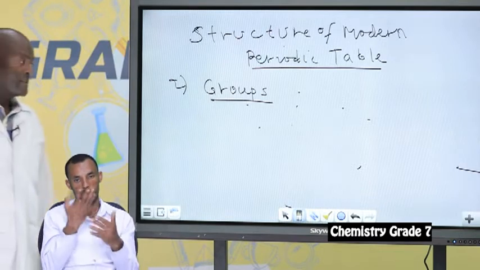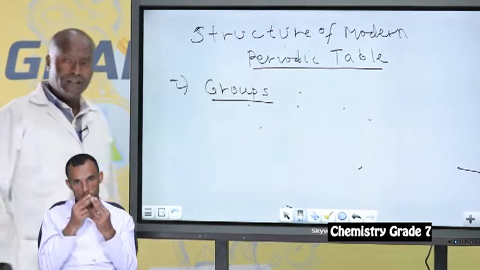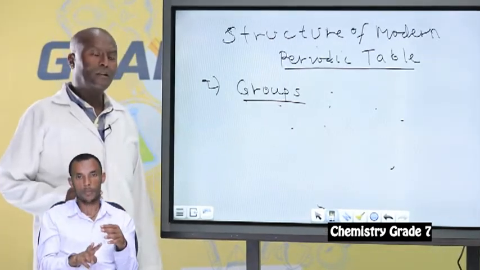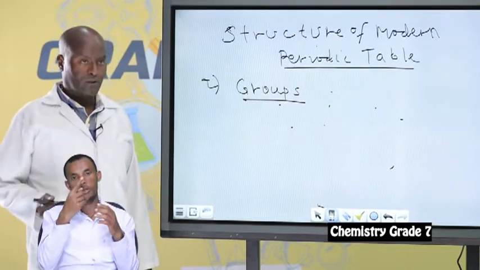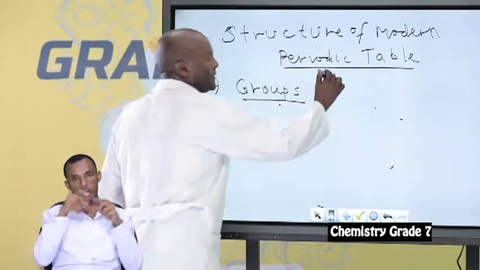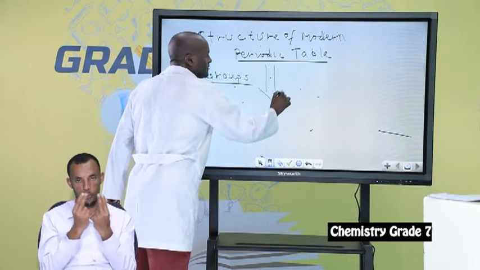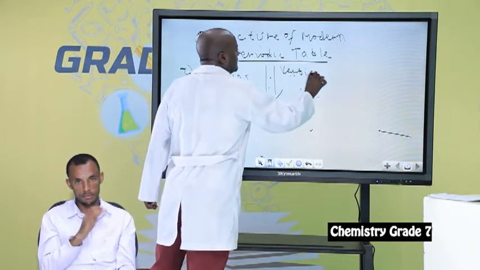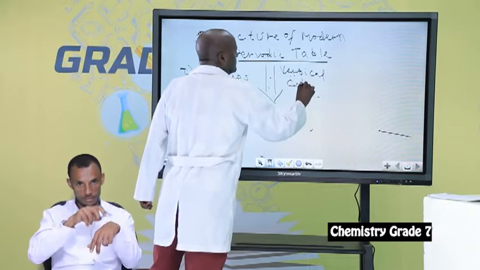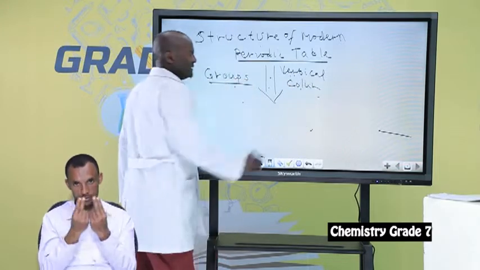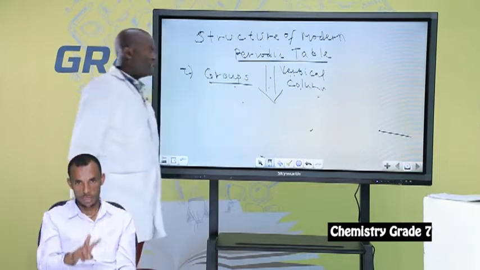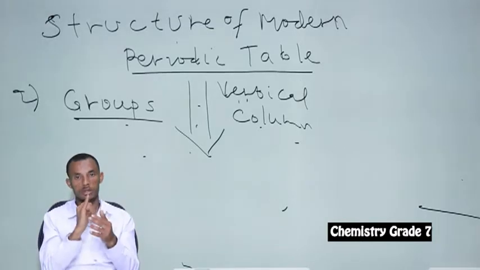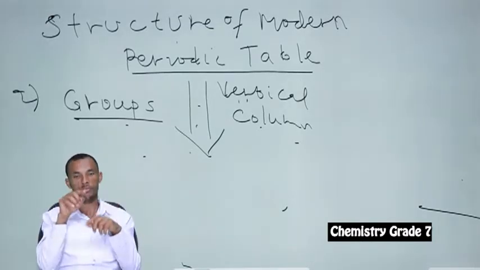The vertical columns of elements in the periodic table are called groups.